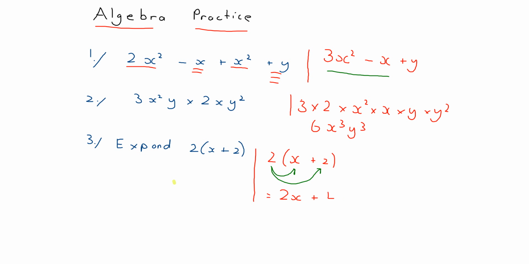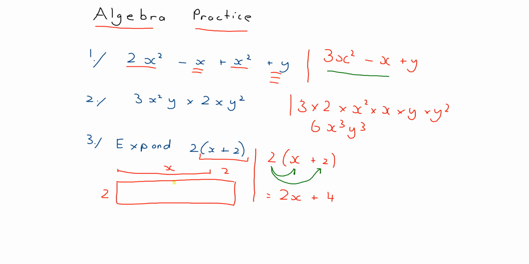Here's how you can think of this if you like. Imagine I have a rectangle like this and like this, and my x plus 2 is one side that's grouped together. So I'm going to say this part is 2, this length here is x, and this length here is 2.